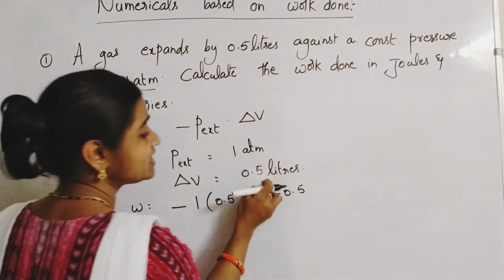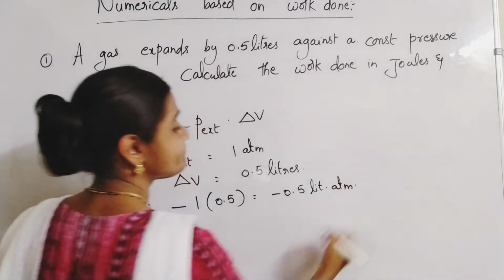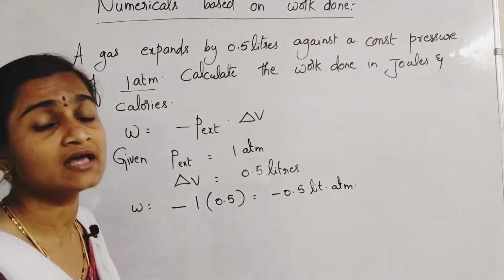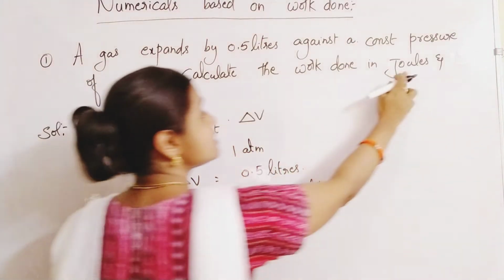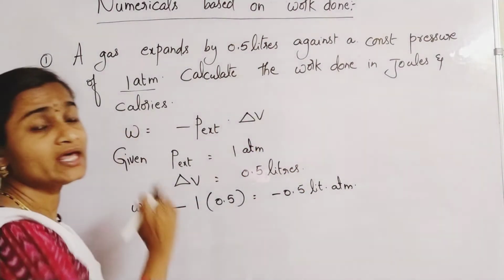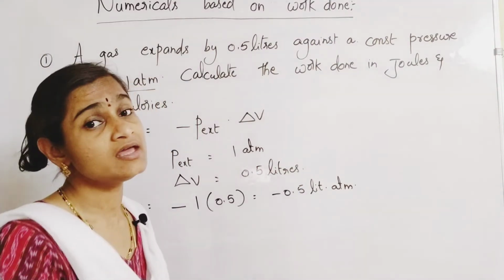But here what are the units? Liter atmospheres are the units. But we are asked to calculate the work in joules and calories, so you have to convert liter atmospheres into joules and calories.